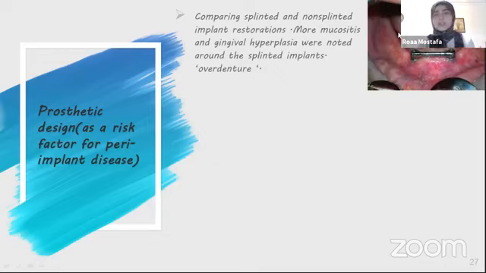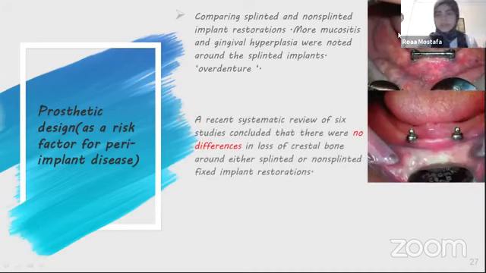If the overdenture is designed on splinted implants versus non-splinted implants, of course non-splinted implants are more accessible for hygiene, so there is less mucositis and less peri-implantitis than with the splinted design, where I cannot maintain good oral hygiene, so there is more plaque accumulation and more inflammation. So a restoration design with non-splinted implants is more advisable.